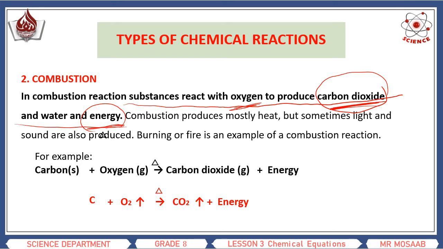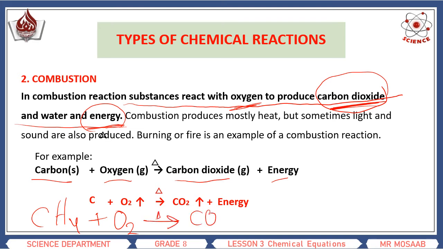For example, carbon plus oxygen produces carbon dioxide and energy. And also another example by using methane gas. CH4 is methane, plus O2 produces carbon dioxide plus water plus energy.